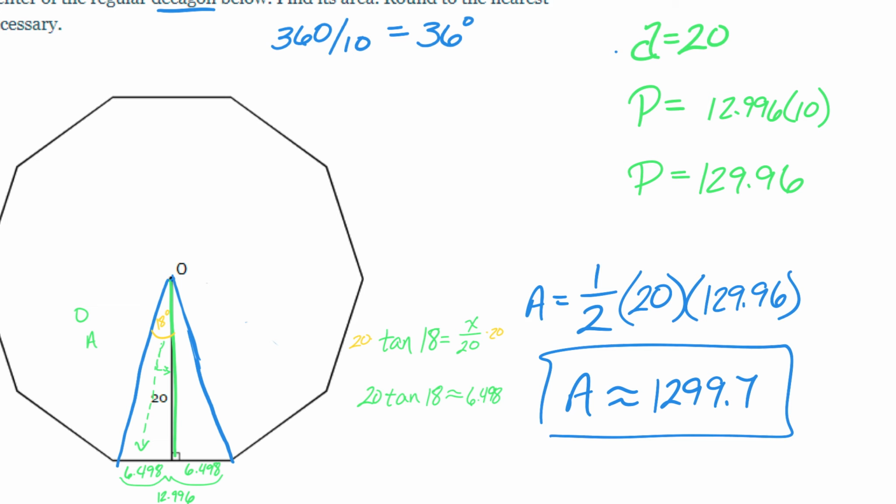Had we done the area of this triangle we have down here, by the way, other option, I don't care if you use this option, didn't mean to erase, sorry. This is one of 10 triangles.